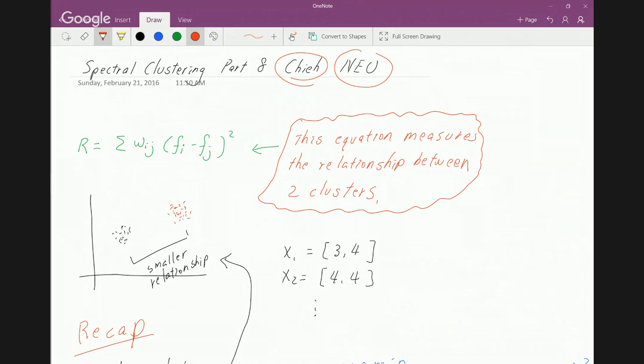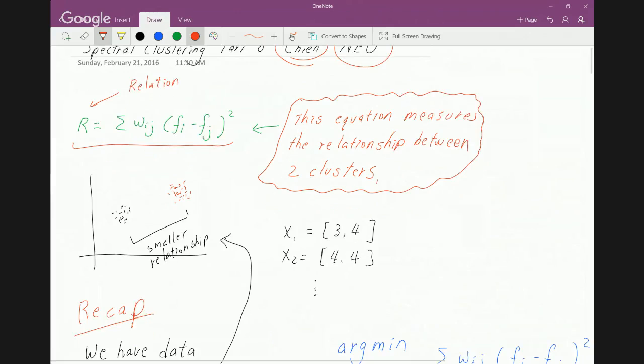So far we've really concentrated on this following equation that essentially measures the relationship between two clusters. Now, if the relationship is small, then it means that the two clusters are not similar to each other. But if the relationship is large, it means that the clusters are similar.